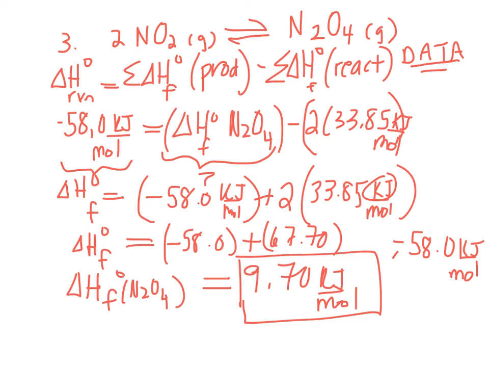And the negative sign indicates that this is an exothermic reaction, which means energy was released, which means that the products are at a lower energy level than the reactants. Okay, so this is again another very similar to what we did many of in the PowerPoint video.